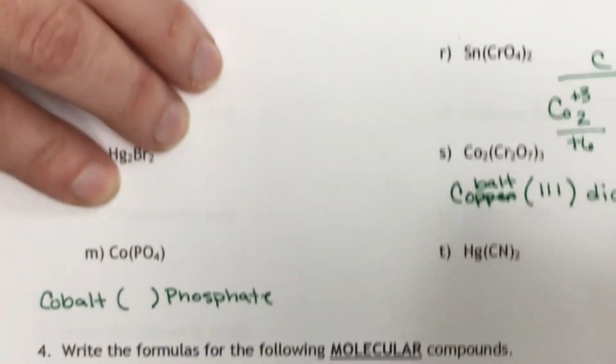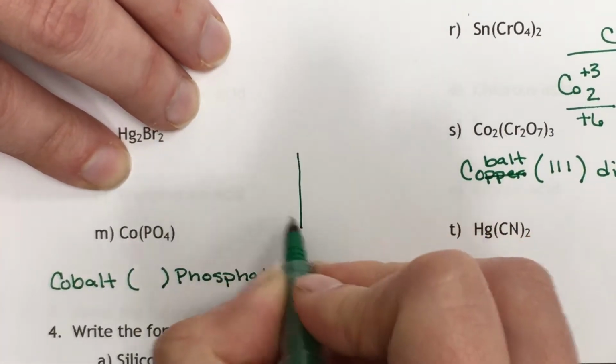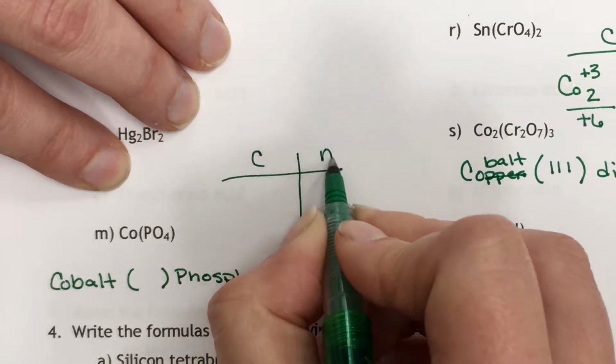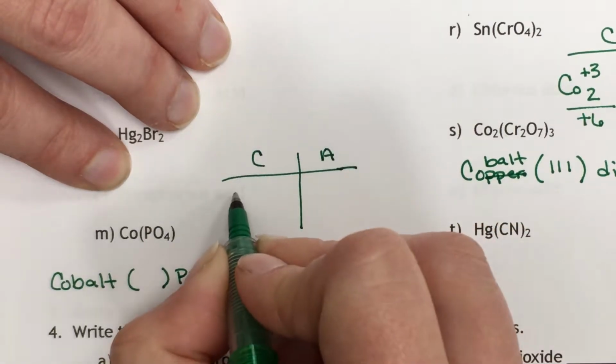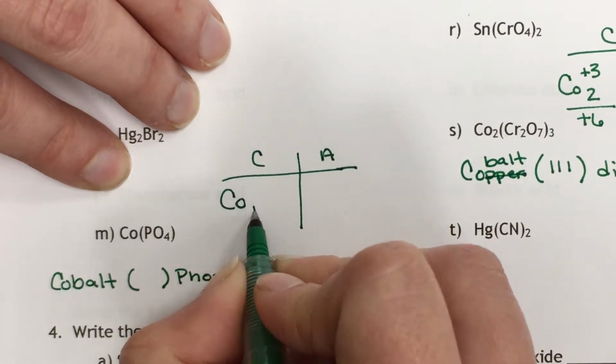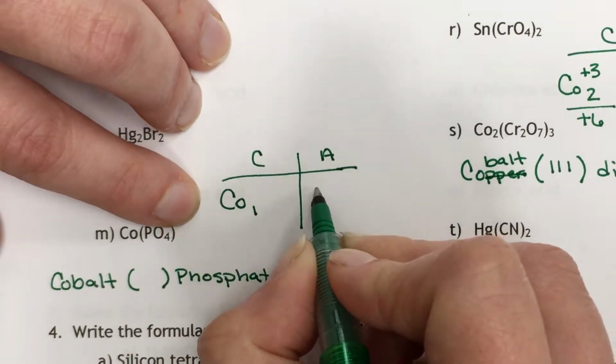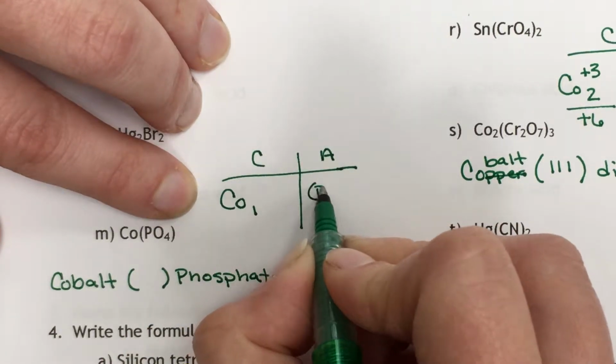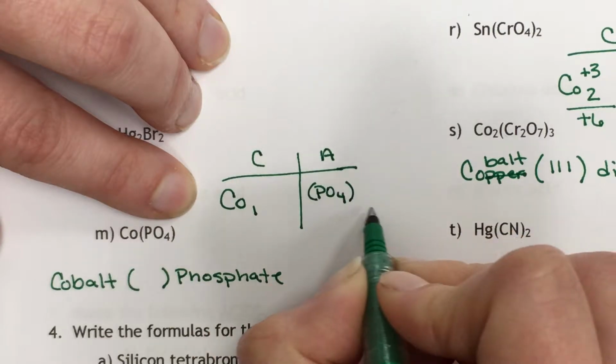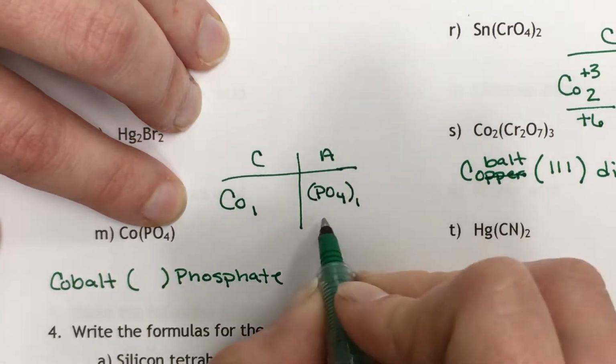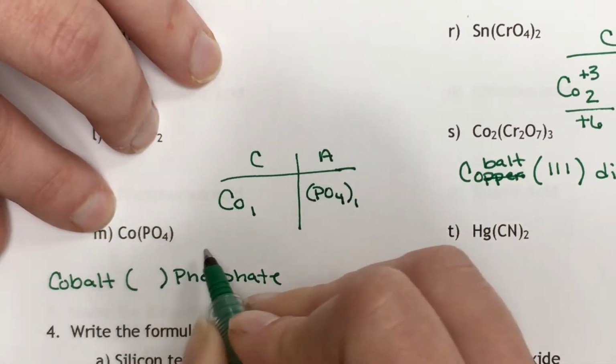Phosphate. So we're going to do our little chart thing. We have this cation and we have an anion. We have cobalt, we only have one of them. We have phosphate, PO4, and we only have one of them. So technically it's a 1-to-1 ratio.